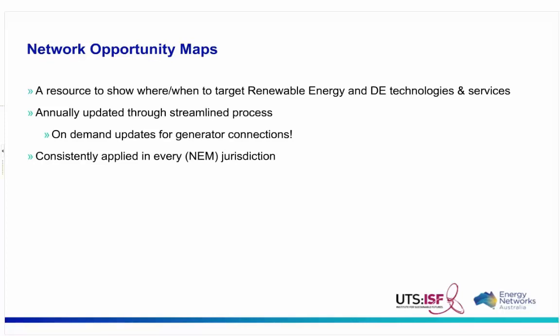It also needed to be freely available. That was one of our criteria, freely available on an online platform, and we've chosen Data61's renewable energy mapping infrastructure, which is a fantastic site with a whole host of other data, which really amplifies the power of the network opportunity map, which you'll see soon.